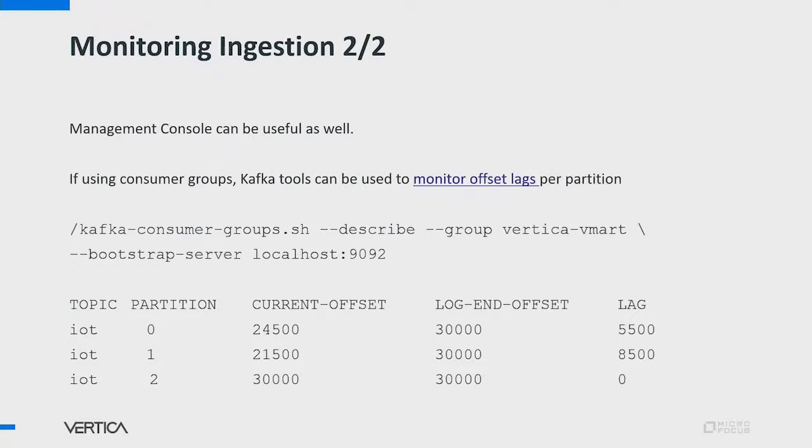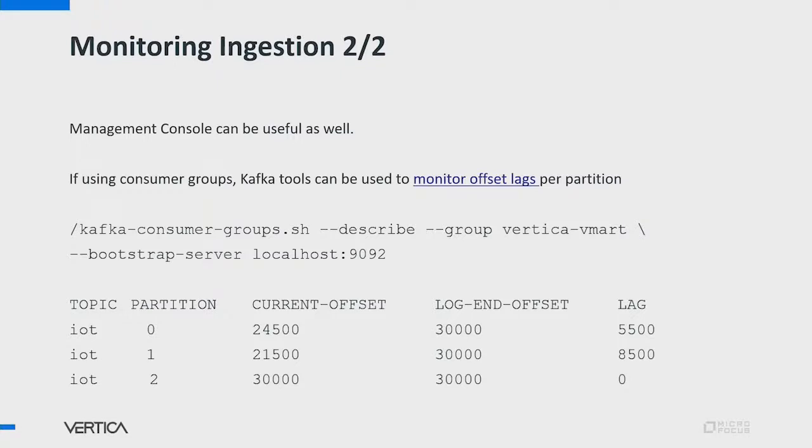Vertica's management console also has a quite useful interface. It lists all the defined schedulers and the microbatches, and we can not only see real-time information, like how they are working and how much data they have loaded, but we also see if there has been an issue, if the scheduler is stopped, or if there was any error.